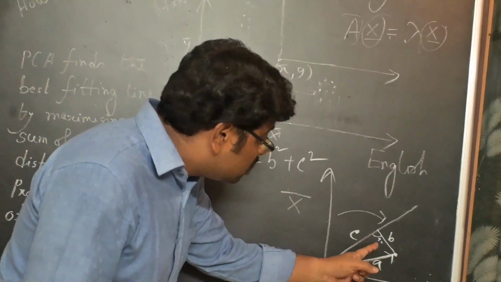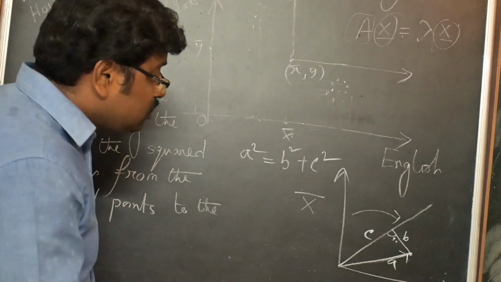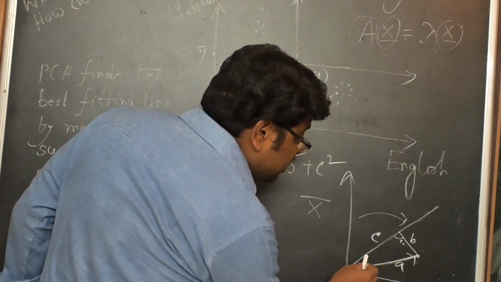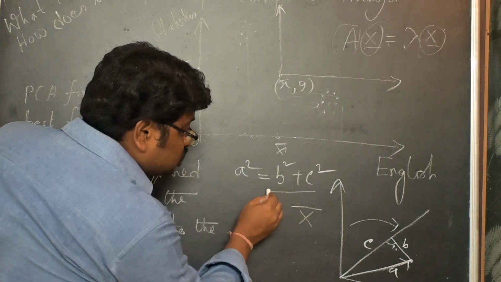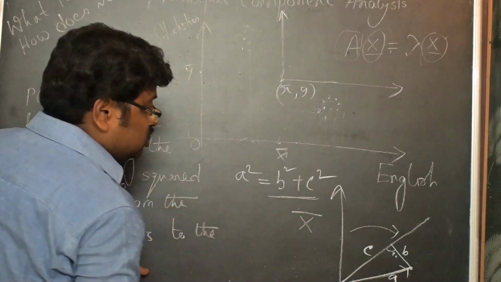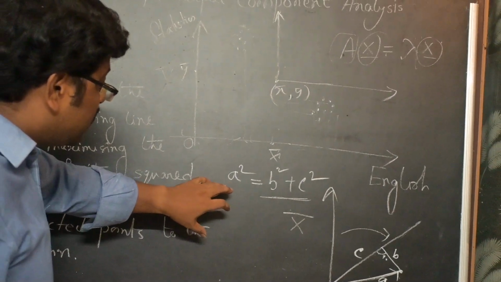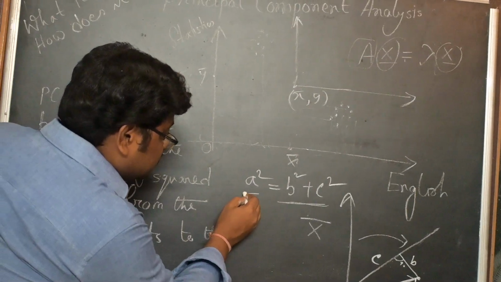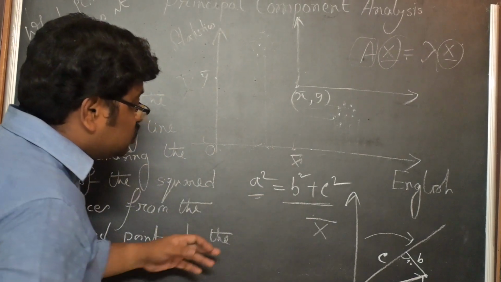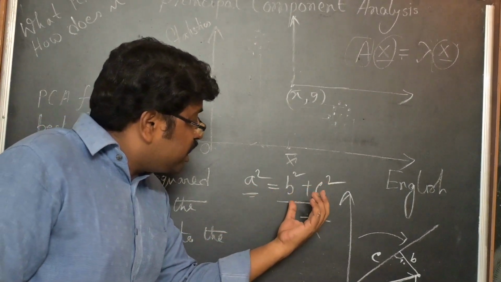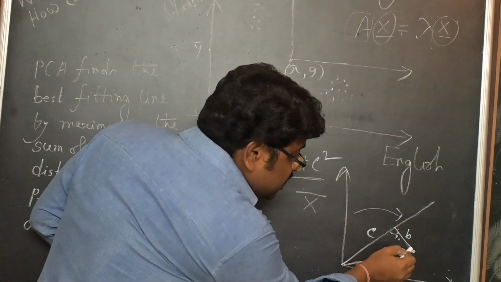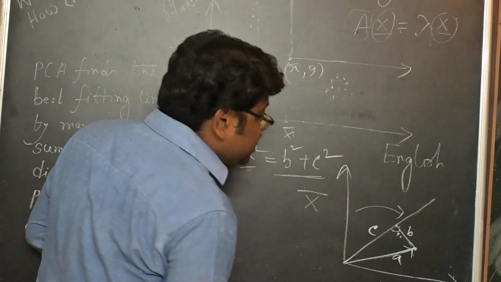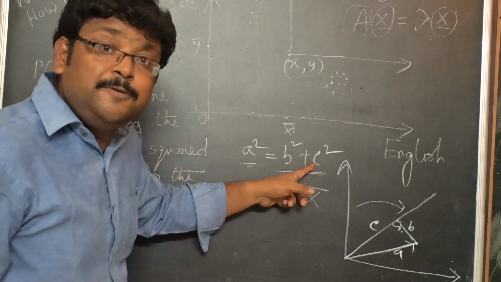And we can get the best fitting line by using this. This side is constant, so we can change the distance b by increasing c.